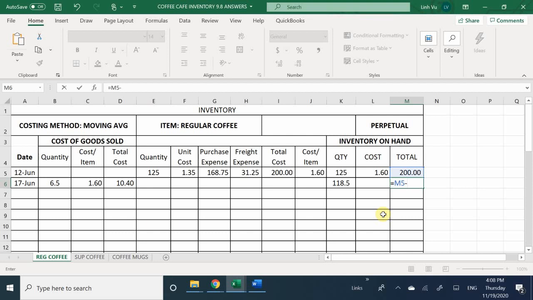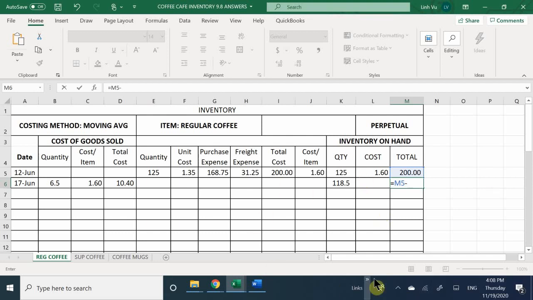So I would recommend you do it on a separate line, because if you're going to reference that specific number using the column on the inventory on hand, it will start messing up as soon as you start messing with that row. So I would recommend you undo everything, so make it go back to 125.